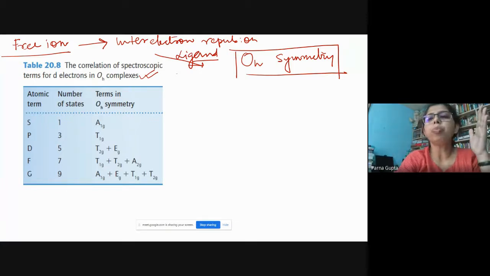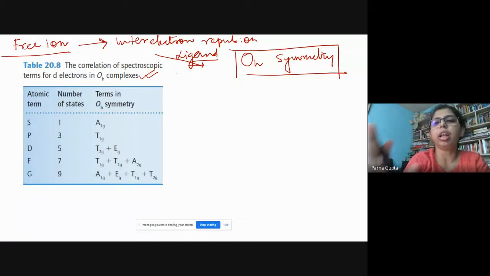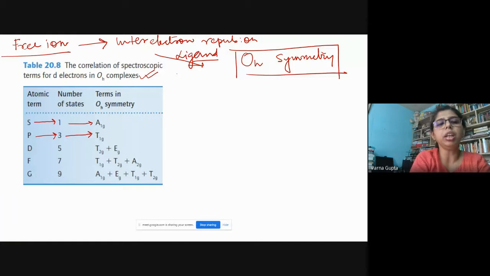Once we put it in the symmetry, you have to remember that A is totally symmetric and has A1g symmetry, P has 3 states and goes to T1g, and D has 5 states and goes to eg and T2g.